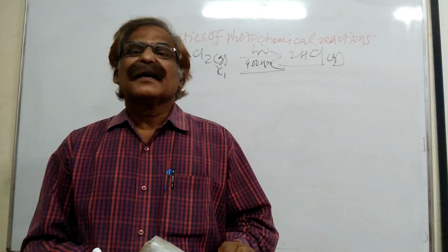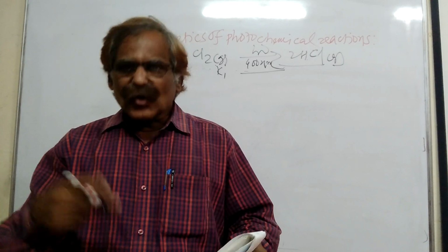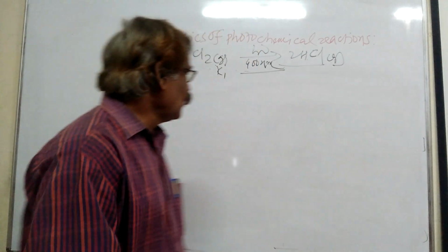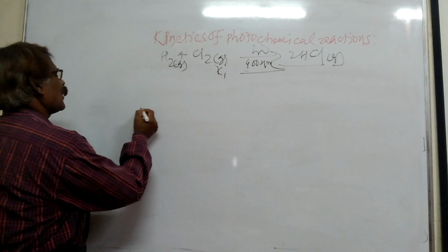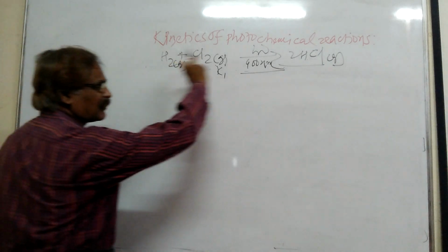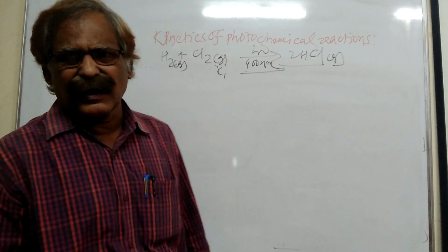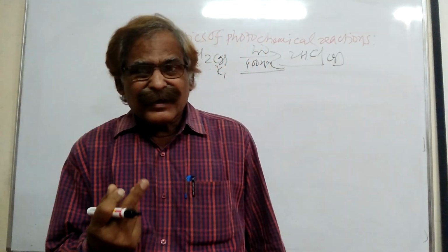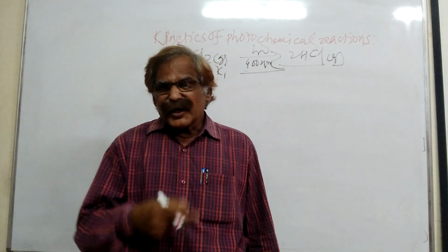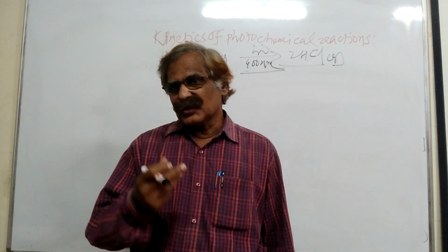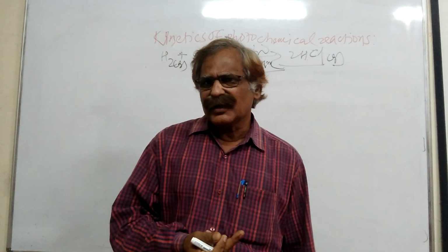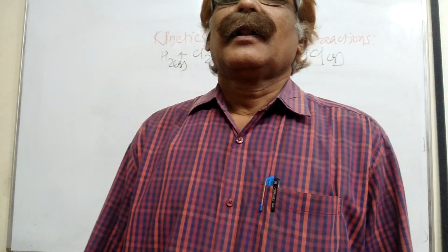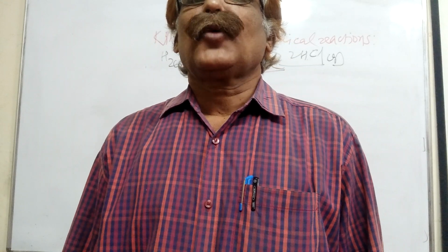With this, I stop here. Next time, we'll see how we can derive an expression for the rate law of this overall photochemical reaction involving chain initiation, chain propagation, and chain termination reactions.